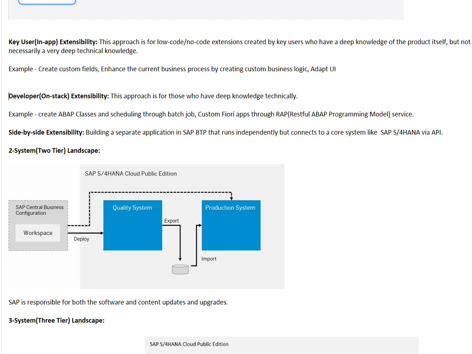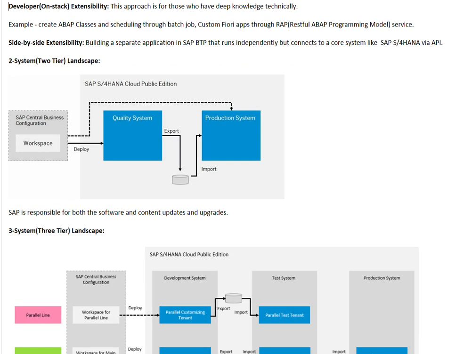Now, in S4 HANA Public Cloud, we have a two-tier and a three-tier architecture. As I told you, the main advantage of this SAP Central Business Configuration is that generally every year through an upgrade, SAP releases the latest changes or any deprecated changes, as it is a public cloud.